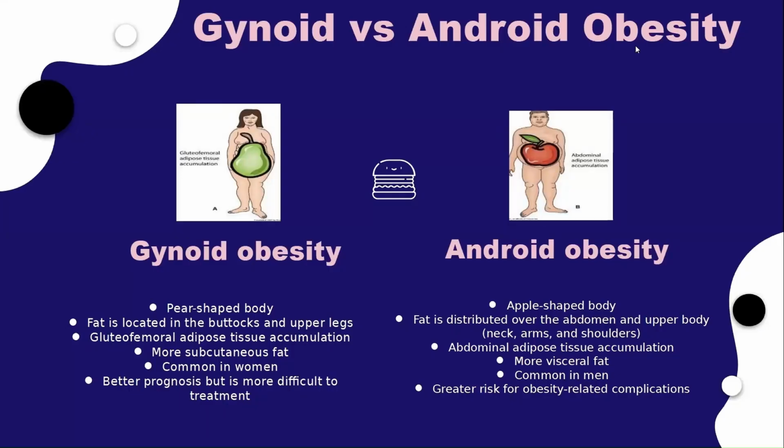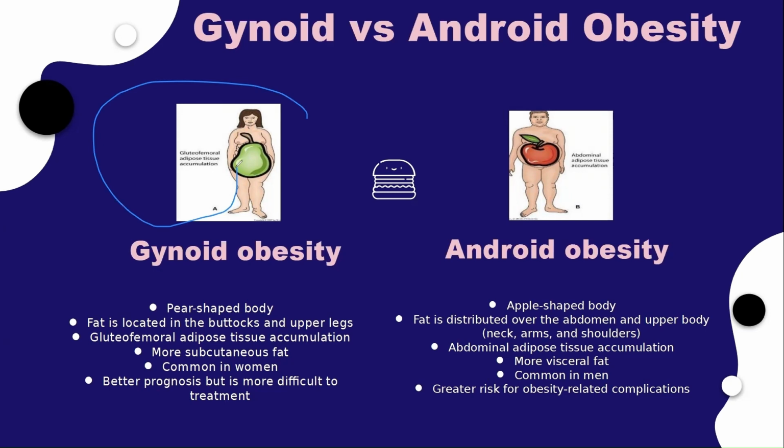Body composition is important as there are different health risks carrying weights in different ways. We have two pictures over here, and both of them are obese based on their BMI. But what is different is where the weight is distributed. Gynoid obesity is oftentimes referred to as pear-shaped body fat distribution, and it's characterized by the accumulation of body fat in the buttocks and upper legs.